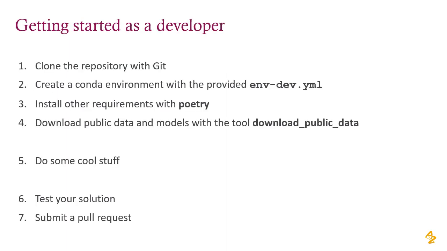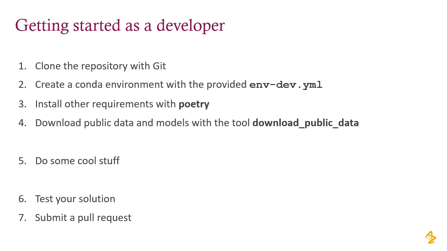So, if you want to contribute and get started as a developer, it's quite straightforward, especially if you have worked with other open source projects in a collaborative fashion. You start with cloning the repository with Git. Then you create your Conda environment. We have one provided for development. You install the other requirements with Poetry.